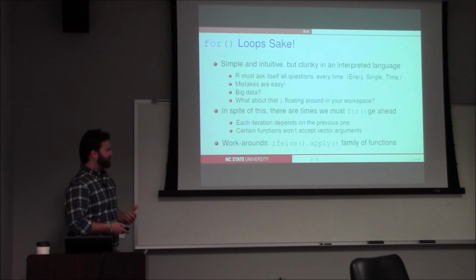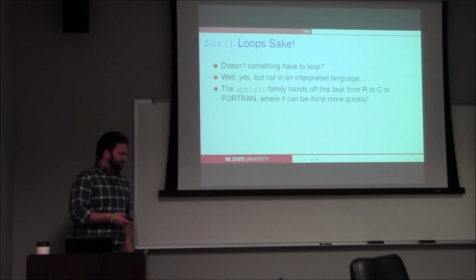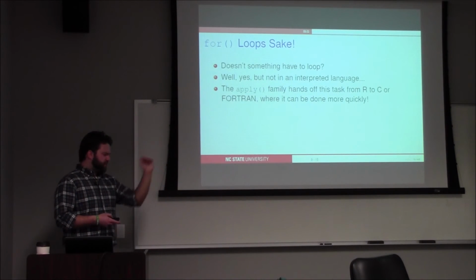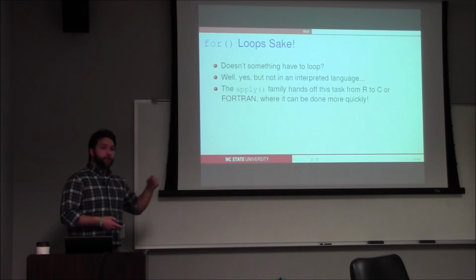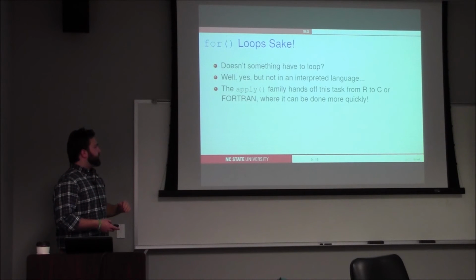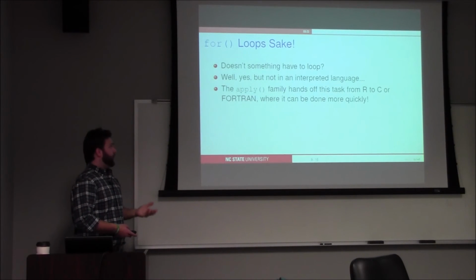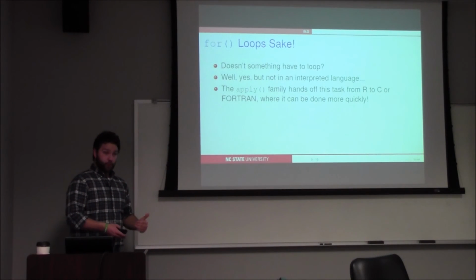One thing to think about here is ultimately, as we're traveling down this vector, somebody's got to travel down it. There needs to be a for loop at some point. At some point you've got to go down and work with each one of these elements. So doesn't something have to loop? Well, yes, but who said that the interpreted language is the one that has to do the looping?